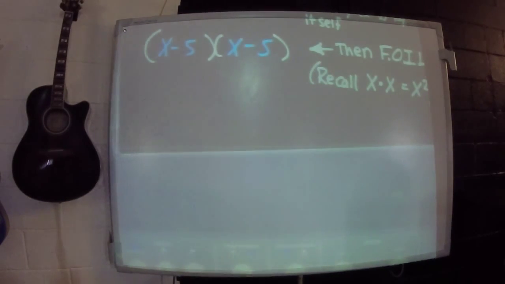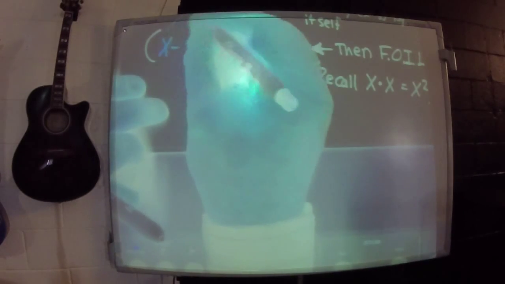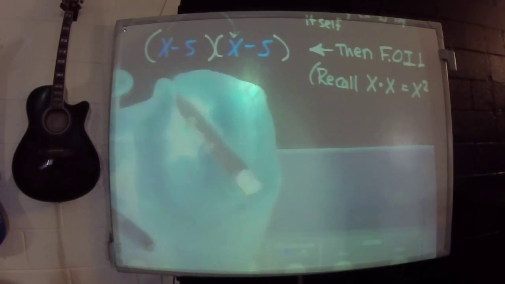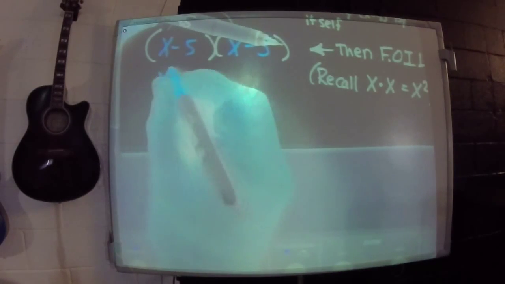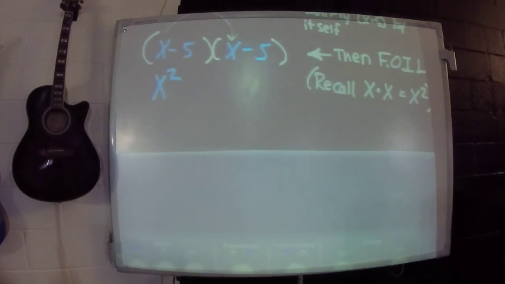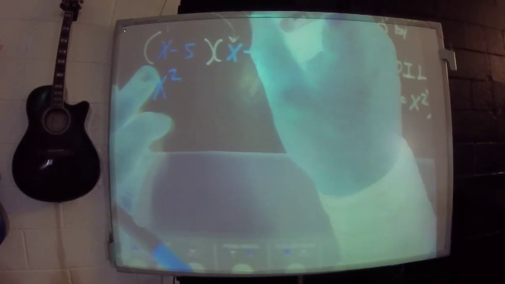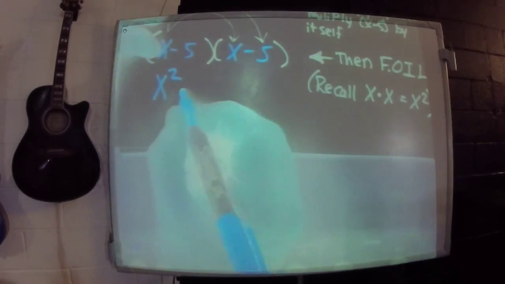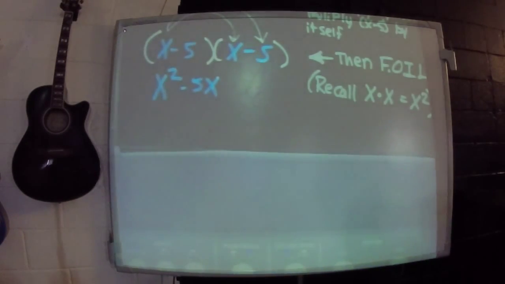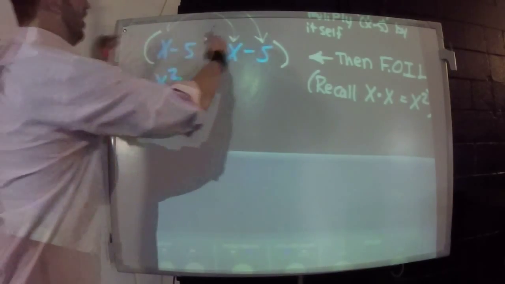FOIL. The very first thing is x times x gives you x squared. That's your F. Your O means x times negative 5, so negative 5x.